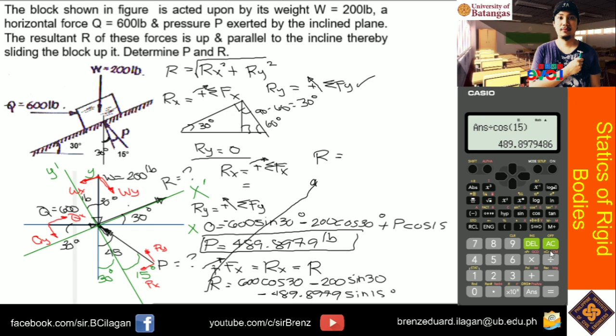So, clear lang natin dito. So, that is 600 cosine 30 minus 200 sine 30, and then minus 489.8979 sine 15. So the answer is 292.820.